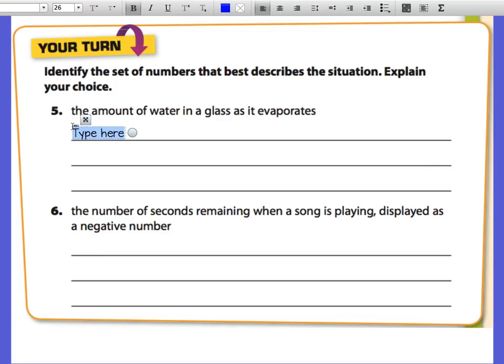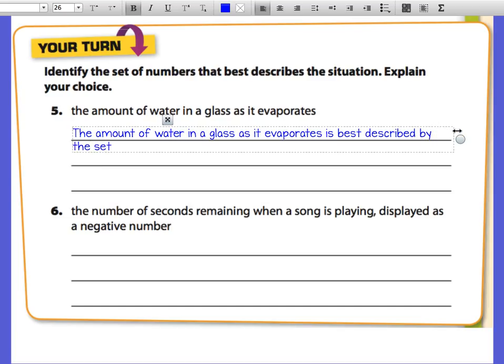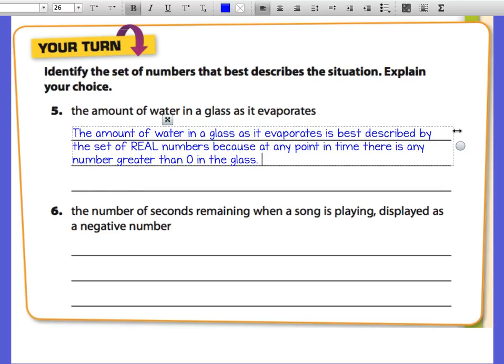Because it can have a fraction or a decimal, the amount of water in a glass as it evaporates is best described by the set of real numbers. Because at any point in time, there is any number greater than 0 in the glass.